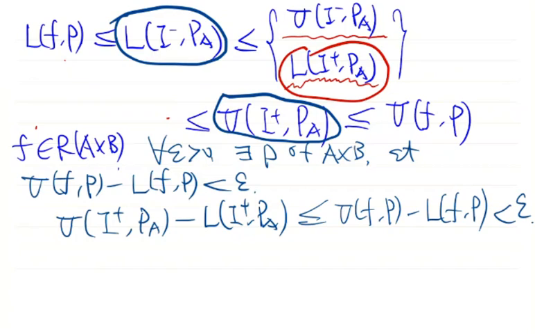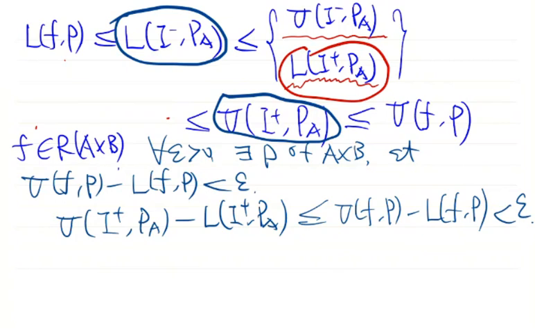So given epsilon positive, we can find a partition of A, that is PA. The PA is obtained by the partition of A cross B, that is P. So that corresponding to this partition PA, the upper sum and the lower sum of I plus have difference less than epsilon.